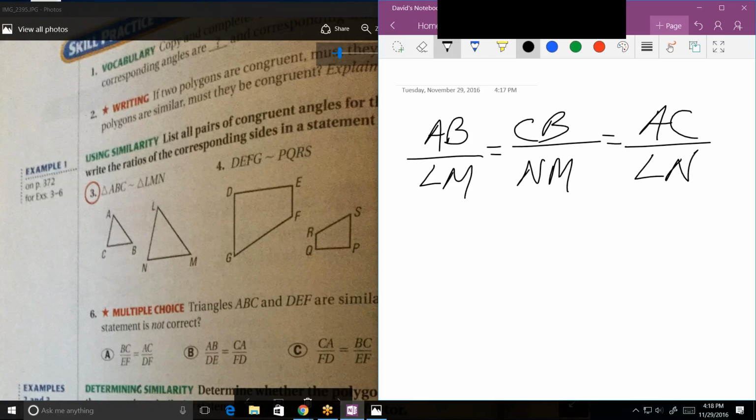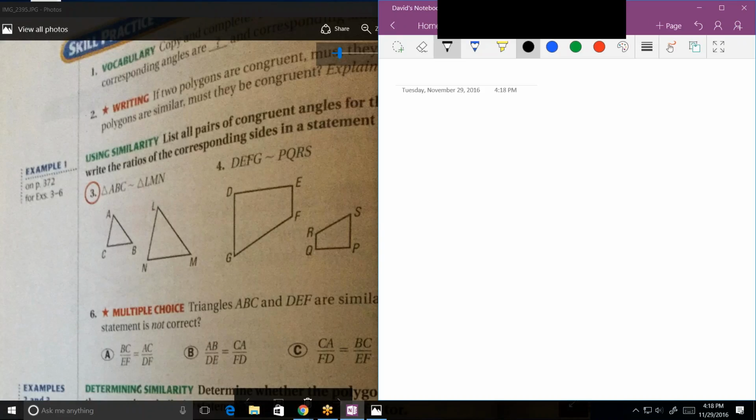Okay. Now let's look at number 4. Which angles are congruent? Angle D is congruent to angle P, angle E is congruent to angle Q, angle F is congruent to angle R, and angle G is congruent to angle S. Okay. And again, you could get that from this.